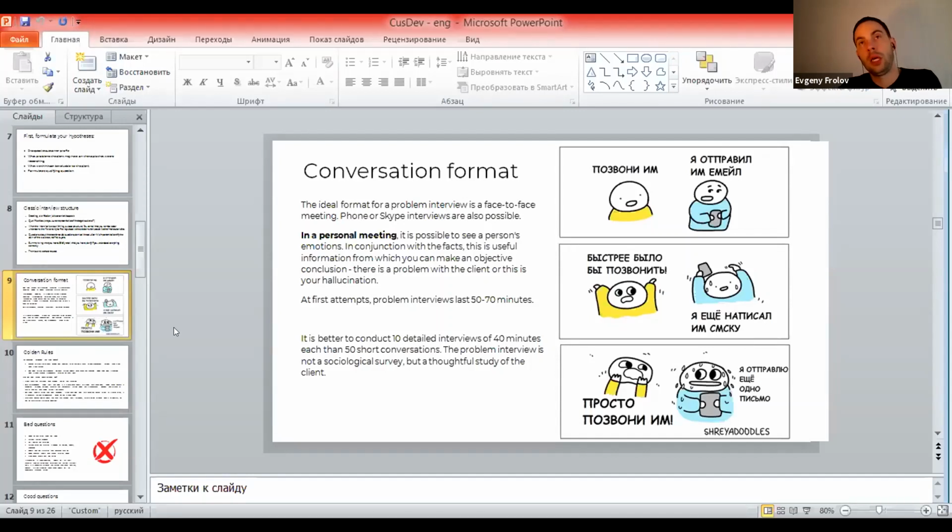At the end of the day, the structure of our questions for the interview is like a direction. It's like points so as not to forget to ask something.